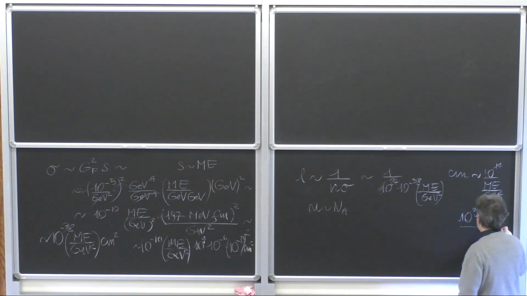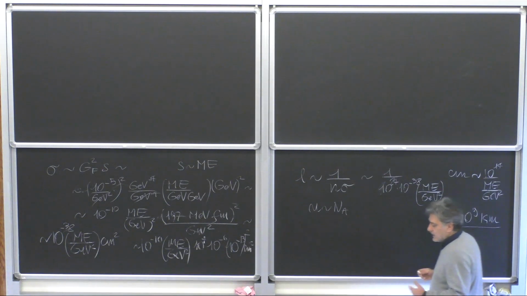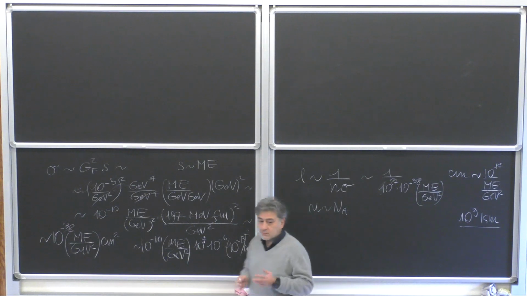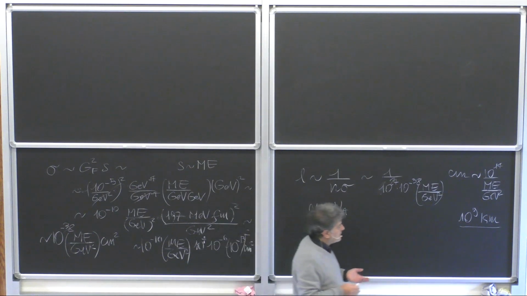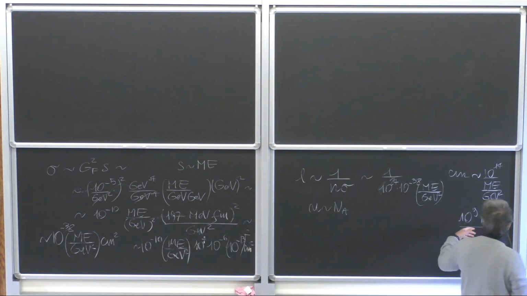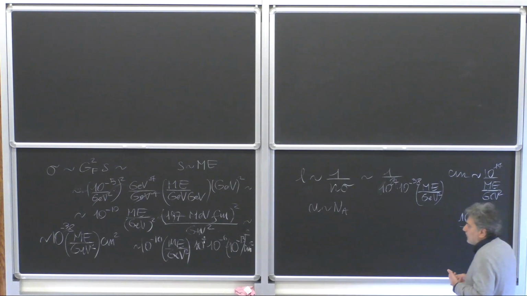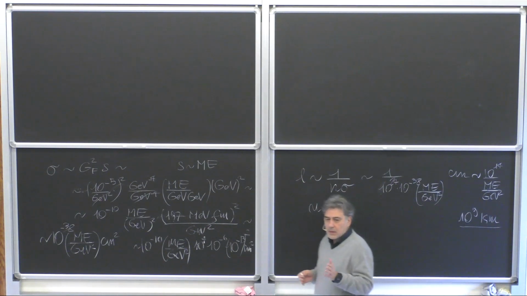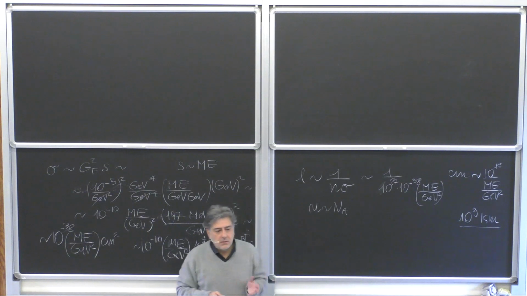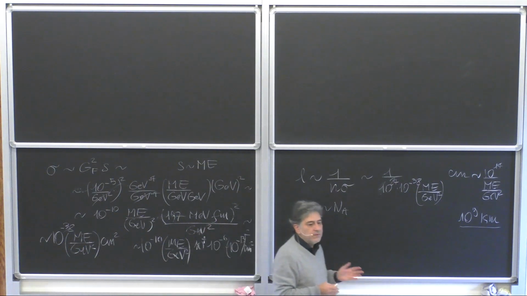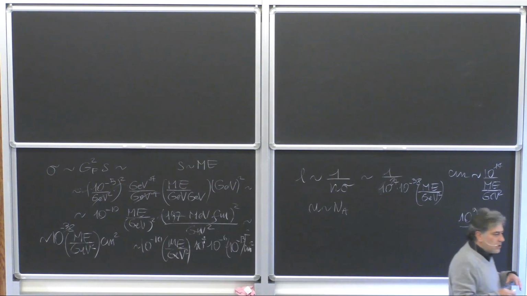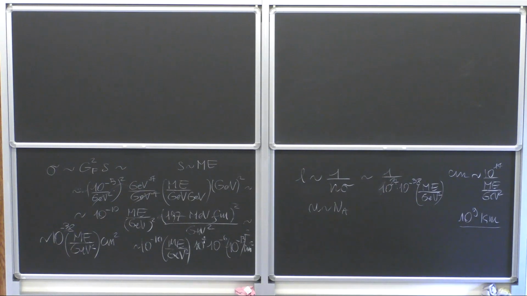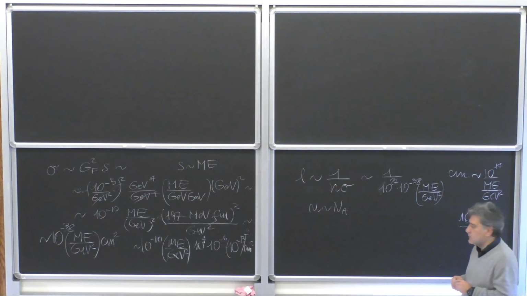If you consider that the diameter of the Earth is of the order of 10 to the 4th kilometers, you see that neutrinos are absorbed when the energy is of the order of 10 to the 5 GeV. Lower energy, the Earth is nearly transparent to neutrinos.